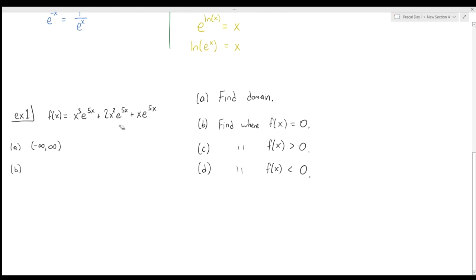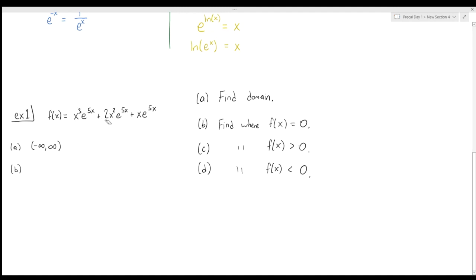So next, where is this function equal to 0? Just as before, your usual strategy for solving this is to try and factor, okay? For a problem like this, you'll want to try and factor out what all the terms have in common, because you can see they do have quite a bit in common. We could factor out the e to the 5x from every term.